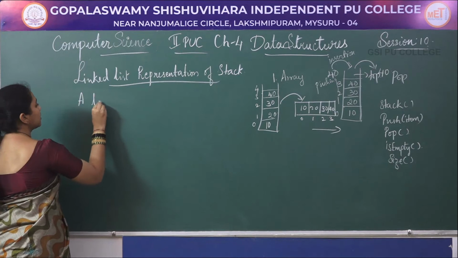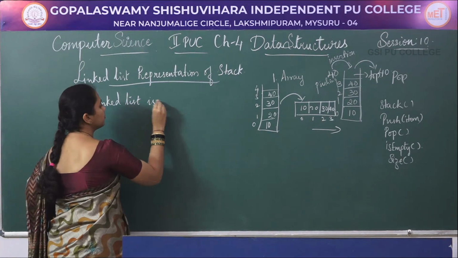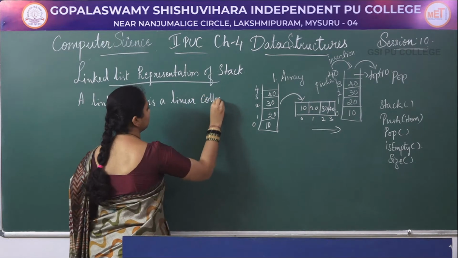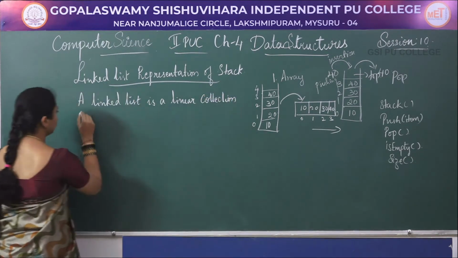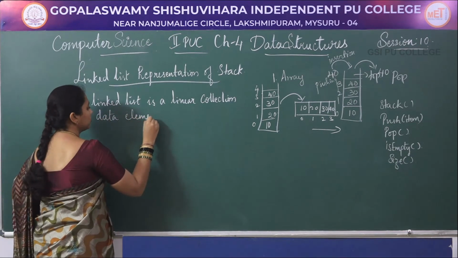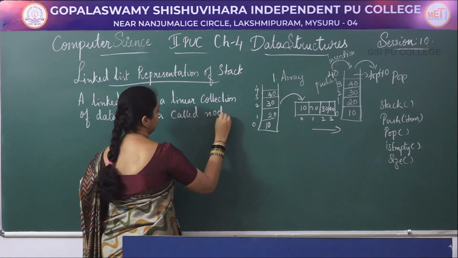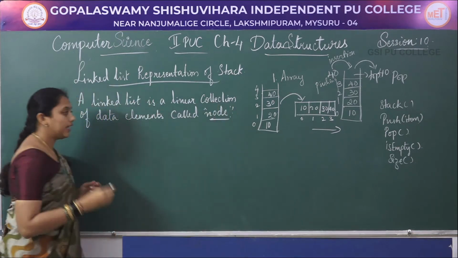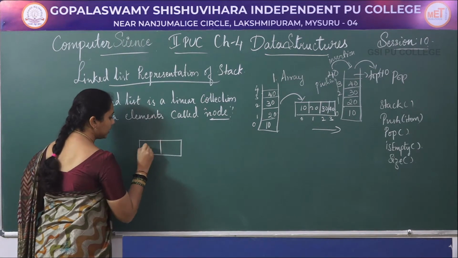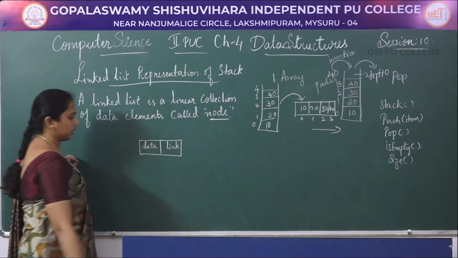A linked list is a linear collection of data elements called nodes. So each node consists of two parts, that is the data part as well as the link part.